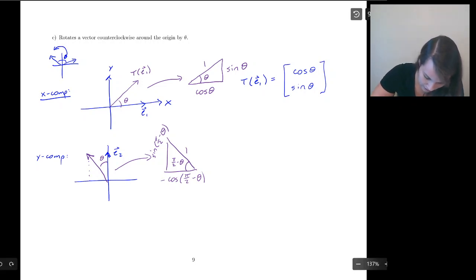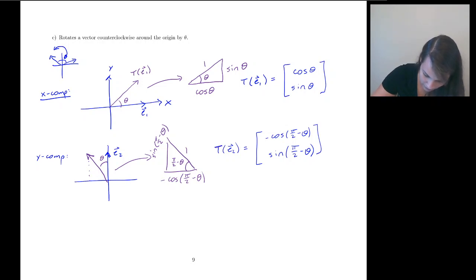So now we can say that T of E2 will be: x component is negative cosine of pi over 2 minus theta, and then sine of pi over 2 minus theta.